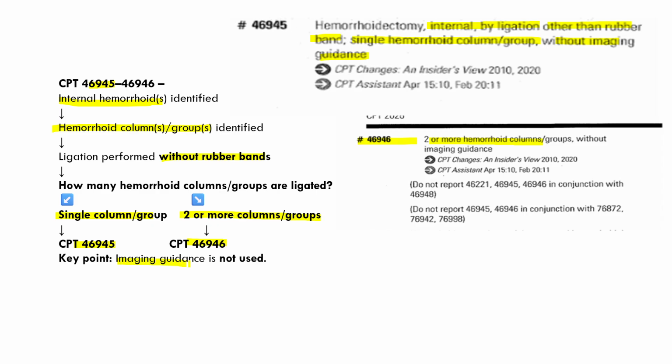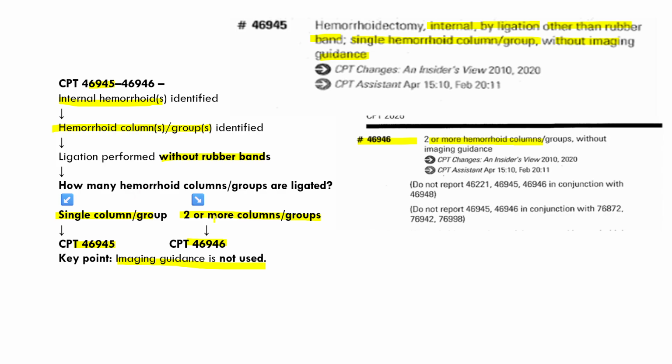The key point here is that imaging guidance is not used. So that's how you need to report hemorrhoidectomy by internal ligation other than the rubber band. You need to check how many columns are involved, whether a single column or two or more columns or groups.